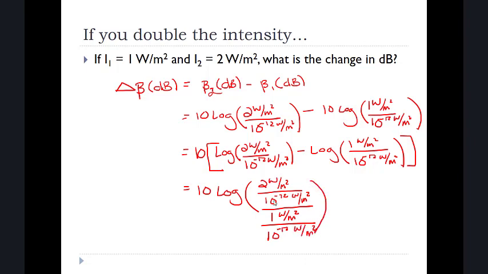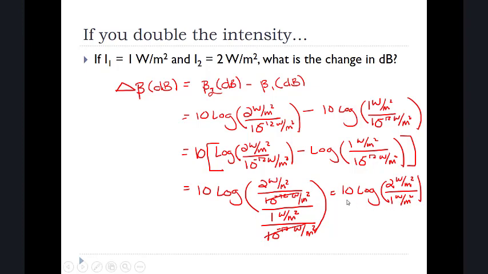Believe it or not, this all simplifies down to 10 times the log of 2 watts per meter squared over 1 watt per meter squared. Remember, the denominator here cancels with this one. If you want, you can work with it as an improper fraction and that would flip up to the top when you make it a proper fraction. So I'm left with that.